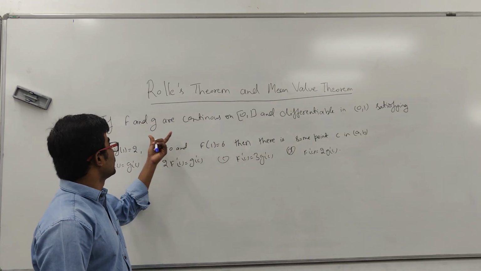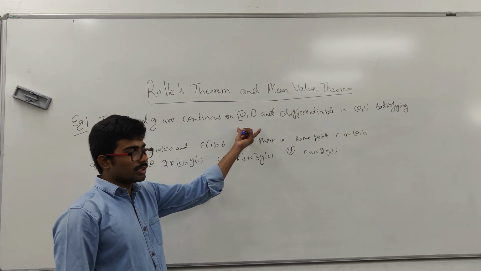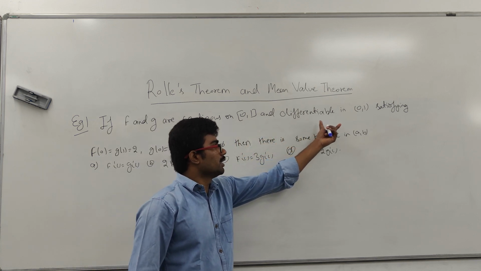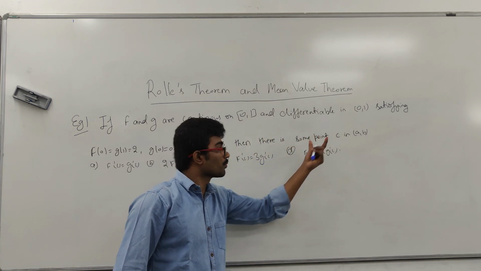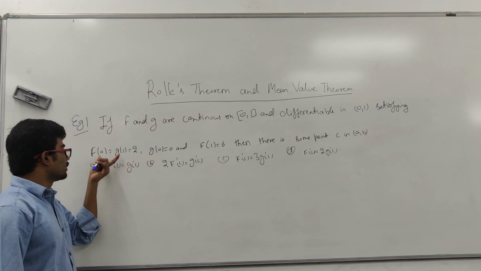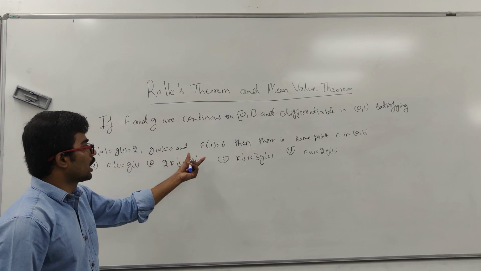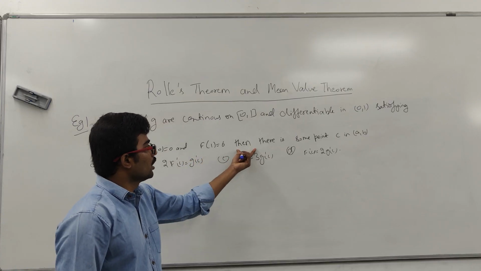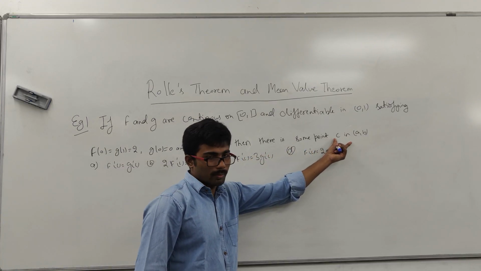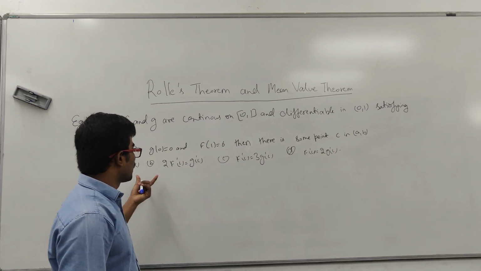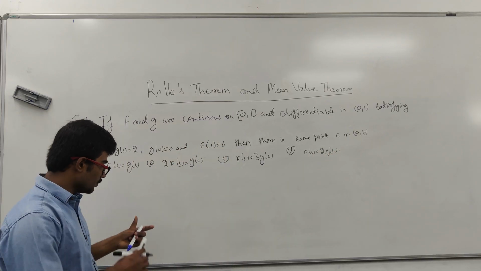We have a problem in which f and g are continuous on the closed interval [0, 1] and differentiable in the open interval (0, 1), satisfying f(0) equals g(1) equals 2, g(0) is 0 and f(1) is 6. Then we have a point c in the open interval and we have to check which one of the following is correct.